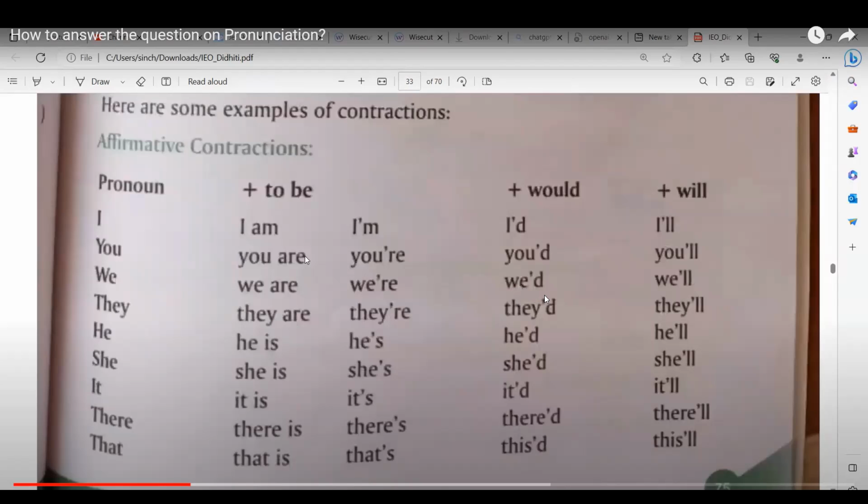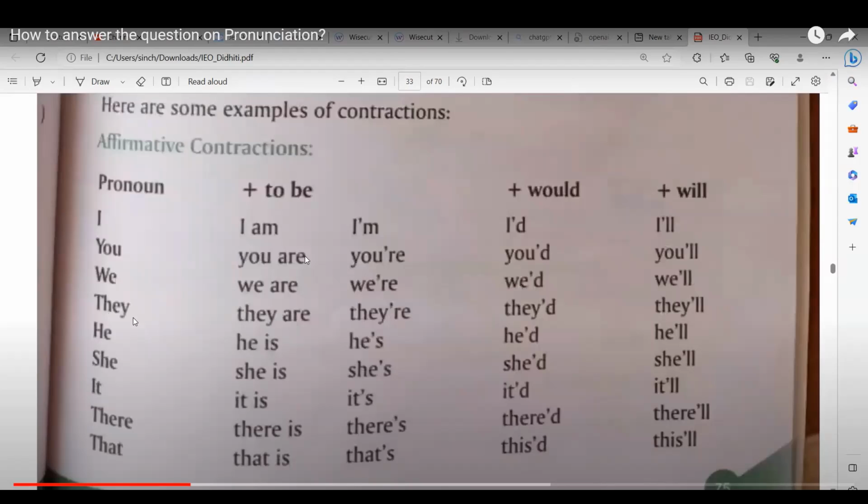And what is happening here? In "would," we cut down WOUL and only write apostrophe D. And in "will," putting the W and I, we write apostrophe double L.